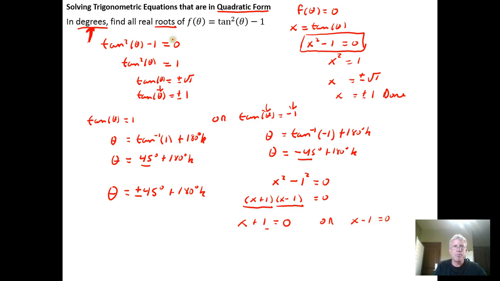So we could have done the same thing with the tangent function up here. We could have recognized that this could generate the tangent of theta plus 1 times the tangent of theta minus 1 in factored form equal to 0. And we could have used the zero product property to solve this as well by factoring.